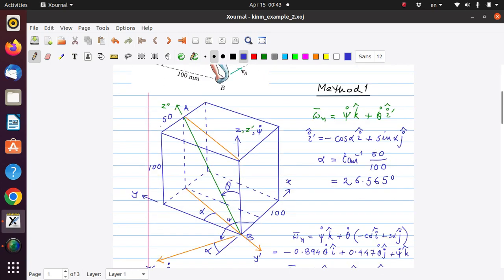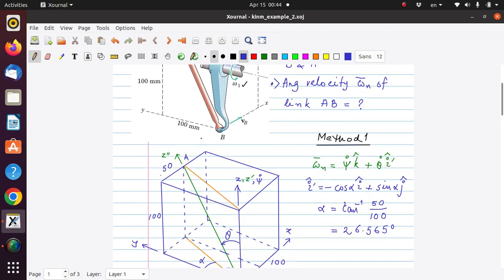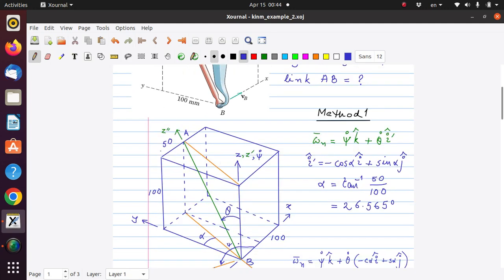So this is the link spin axis, this is the symmetry axis of the link, and the link spins about this axis, and this is the inertial z axis, or rather parallel to the inertial z axis.